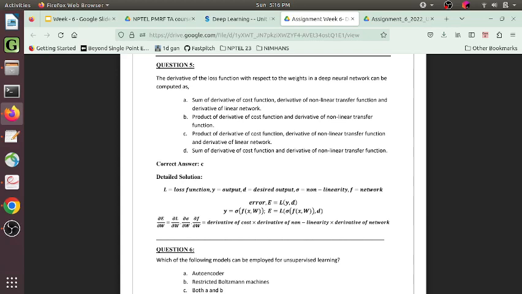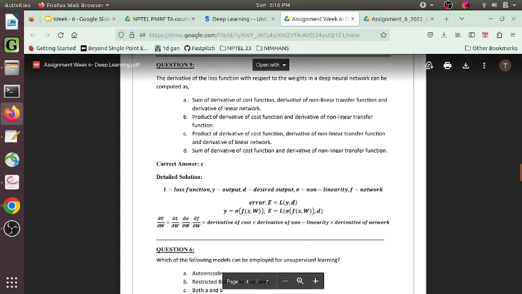Okay, so the question is, you have to compute the derivative of the loss function with respect to the weight. Let's say you just have a single neuron. You are giving some input and you are getting some output.